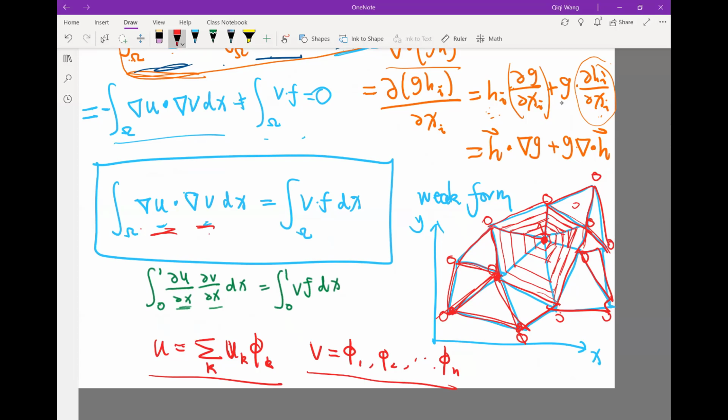I have, again, n unknowns, n equations. The only difference is now I have to be able to integrate the gradient of one of these basis functions times the gradient of, let's say, another basis function, and compute the integral of the product of the pairs of gradients. As long as I can do this, I can substitute these pre-calculated integrals into my matrix, assemble them into a matrix, and solve and get the solution of the finite element.